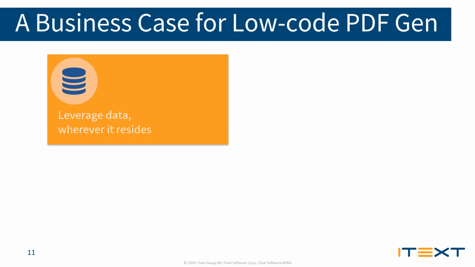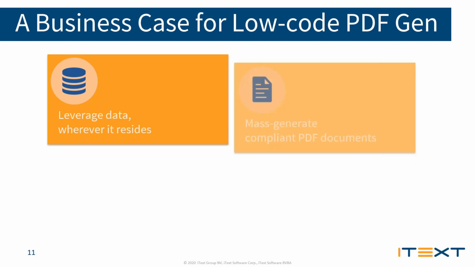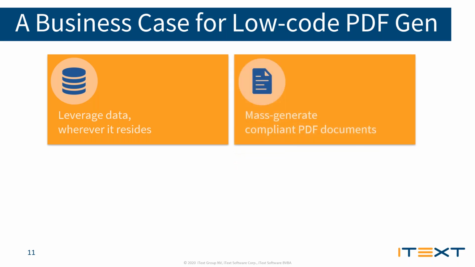So that's basically the first thing. Use your data. You could argue that that's the case not only for low-code PDF generation tools, but for all PDF generation tools, which is definitely a fair statement. But we'll get to the low-code points later on. Dito is, of course, an iText product, which means that it stands out both in terms of quantity and quality.